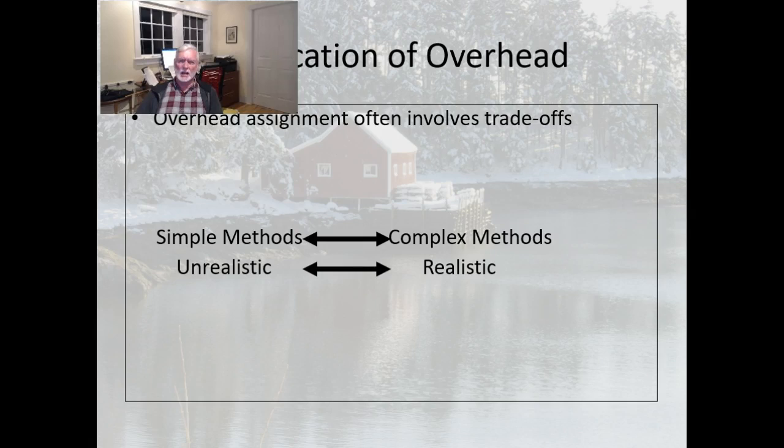So how do we assign indirect costs? And there are relatively simple ways to do so, but those simple ways sometimes result in incorrect or unrealistic cost allocation. And then there are complex methods that result in realistic cost allocation. So those are kind of the processes that we need to go with.